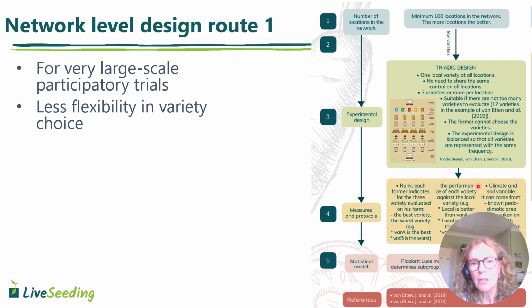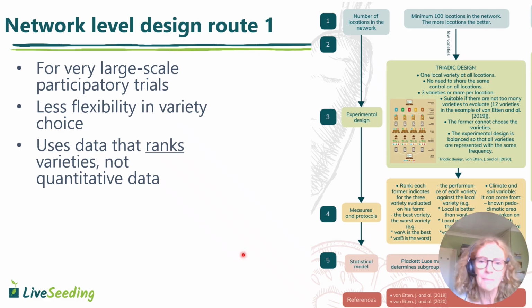And this is quite an interesting option here. We have what are called triadic designs, or sometimes tricot designs. This is quite novel and much more of a participatory citizen science approach that you can do some Googling around on and find out more about. But in these sorts of trials, there are not very many varieties on a given farm. And the whole statistical approach is about ranking varieties.